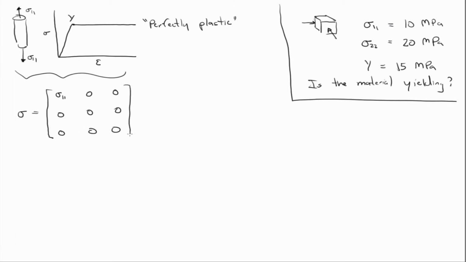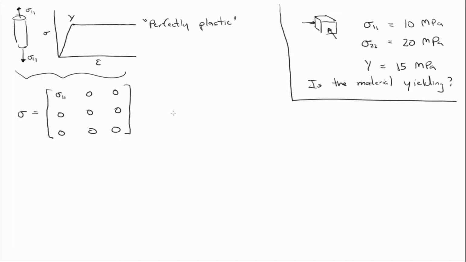So this is a case of uniaxial stress. So the stress is homogeneous in the 1,1 direction. Okay. So let's examine the case right at the moment of yielding.